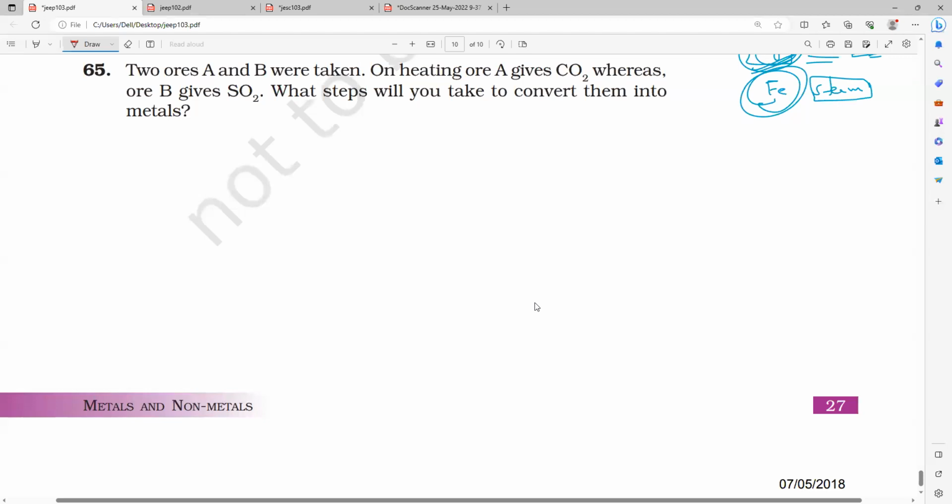So first equation. Sodium reacts with chlorine, A and B react, so we get C. What is the C, guys? NaCl. Balancing: 2 Na plus Cl2 gives 2 NaCl.